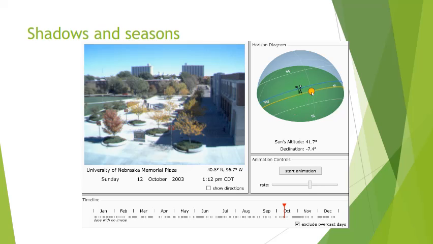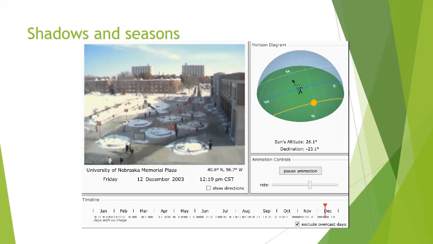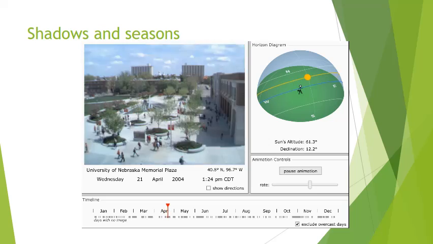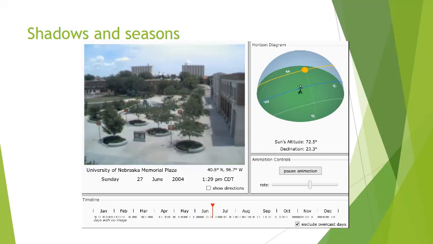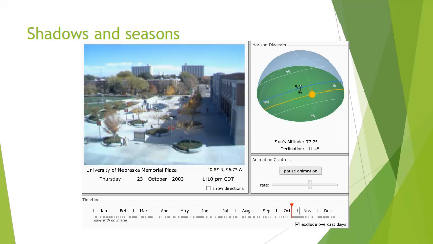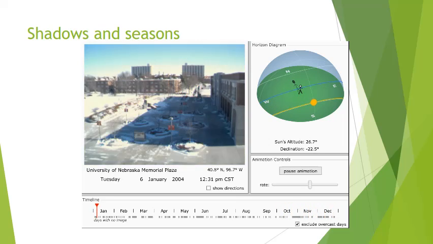So we're going to be looking at the noontime photo of this plaza during the entire year. And I'm just going to let it play. Hopefully it doesn't look too glitchy. But notice the sun's position changes during the course of the year. Its noontime position changes during the course of the year. Sometimes it's much lower in the sky. Sometimes it's much higher in the sky at noon.